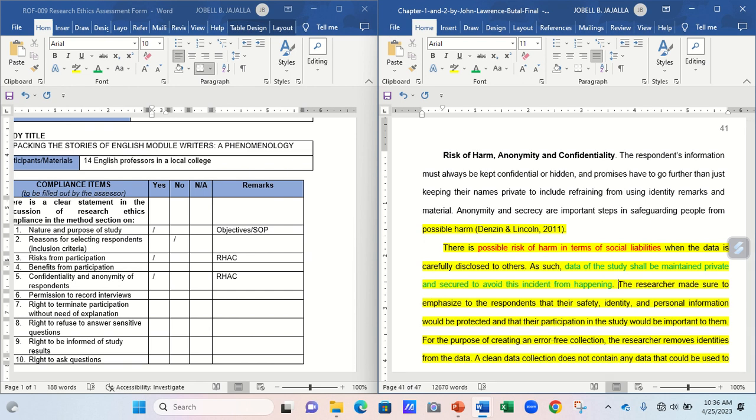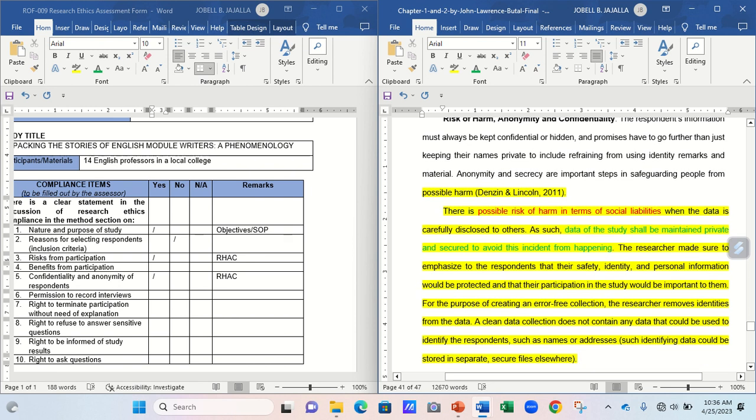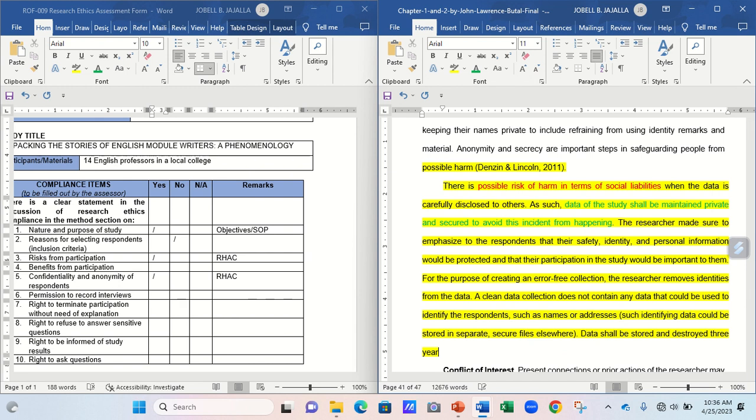The researcher made sure to emphasize to the respondents of their safety, identity, and personal information. Ibutang na lang po nato diri sa confidentiality, no, na data shall be stored and destroyed 3 years after the study is accomplished. So para na makuan nato siya, ma-justify nato siya.